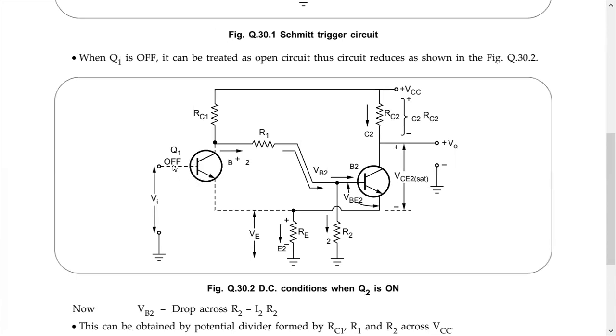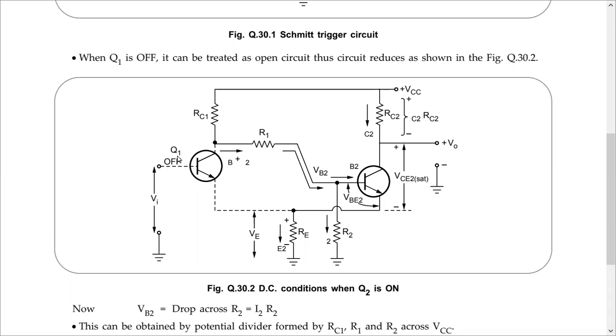The voltage across the base-emitter junction, let us call it VBE1. In the derivation we will call it V gamma 1, but for now VBE1. So only when Vi is greater than VBE1 plus VE will transistor Q1 turn on.